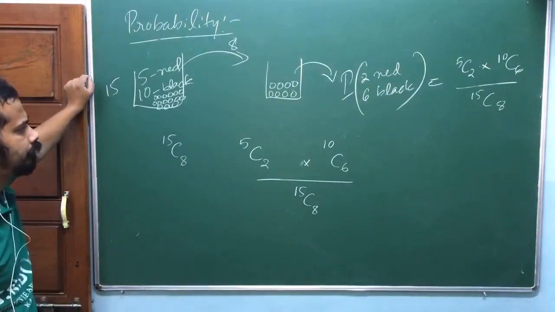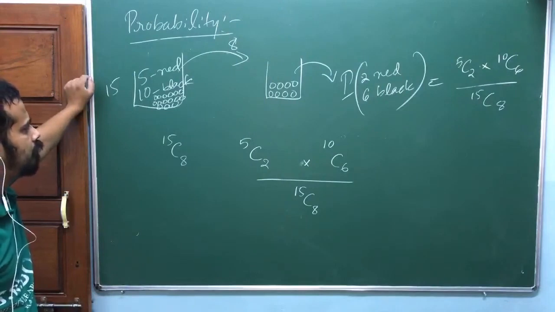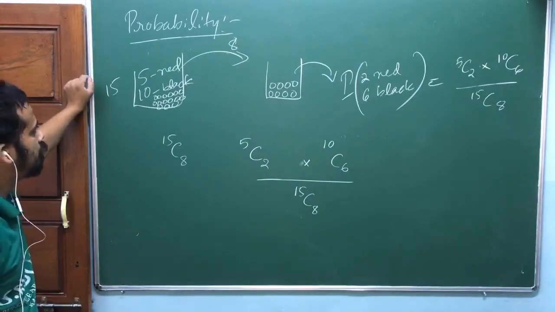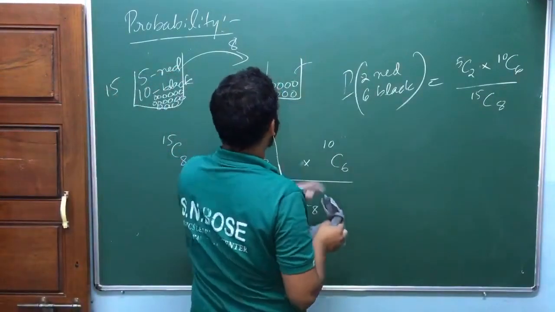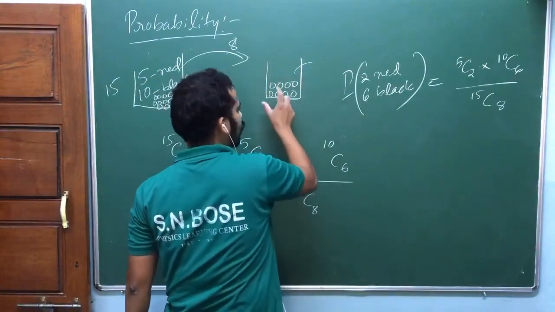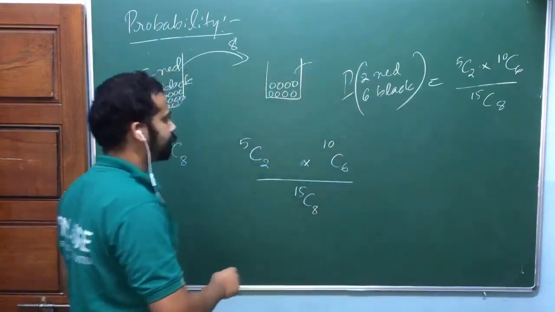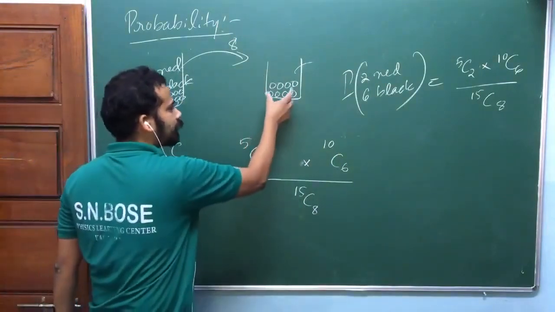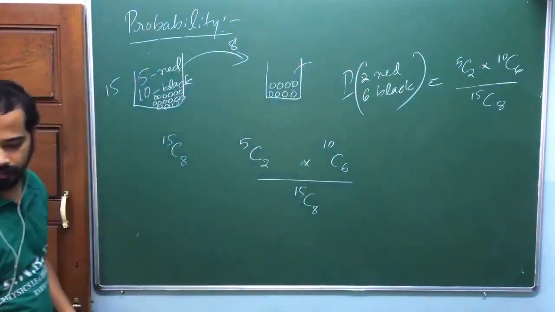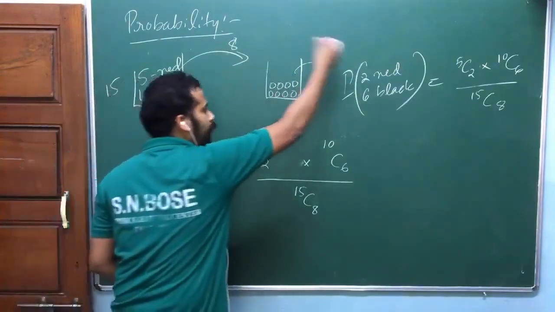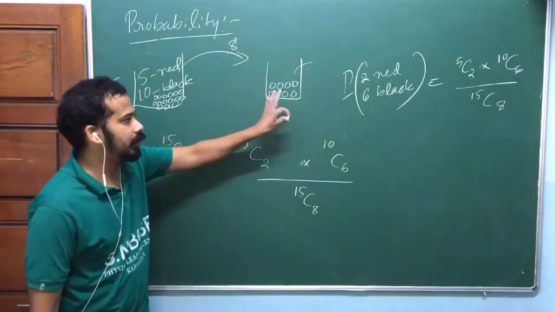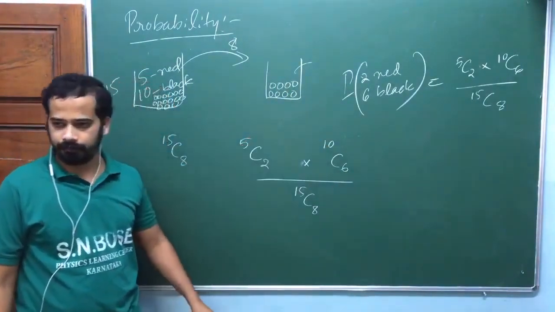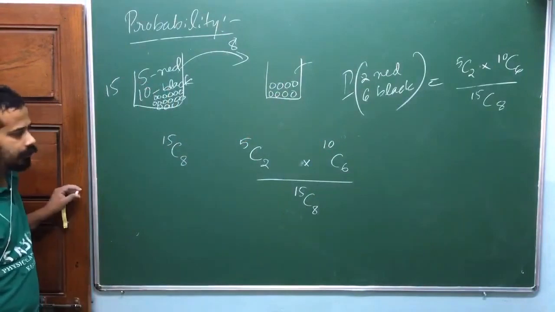Sir, is it necessary that if we draw out 8 balls from those 15 balls, there will be 5 red and 10 black? No. Here I'm not drawing them again. Here, what is the probability that this collection contains 2 red and 6 black? That's the question here. From this one again, I'm not grabbing this one. But the probability that this collection contains 2 red and 6 black, that's the question. Okay, sir.